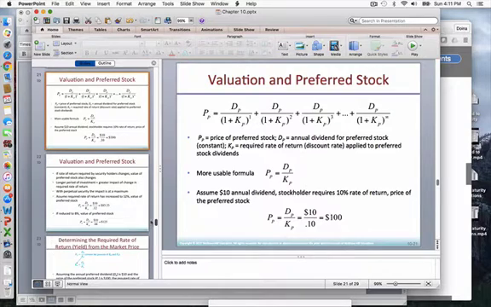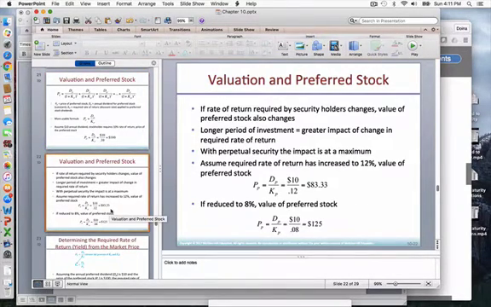That's one calculation. If we change different variables, then of course the numbers are going to change. For example, assume the required rate of return increases from 10% to 12%. You still receive the $10 dividend payment, that's a fixed dividend. So now the price of the stock is going to go down. It's the same relationship as we discussed in bond valuation.